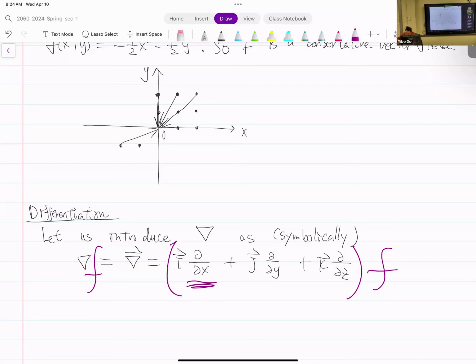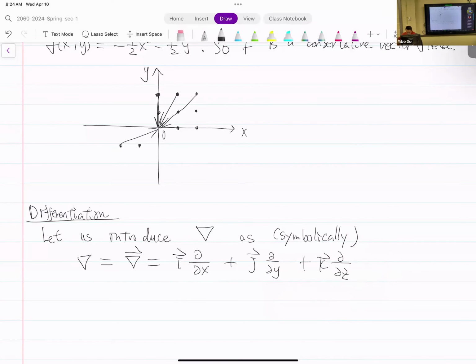And then for the j component, I'm just going to put the partial derivative of y of whatever follows, so in this situation it is 0. And finally, for the k component, I'm going to put the partial derivative of little f with respect to the variable z. Okay. So this is somehow an abstract notation that we are introducing right here.